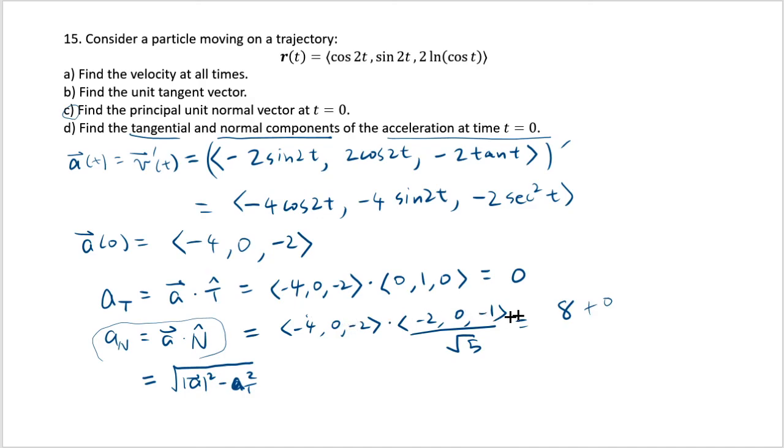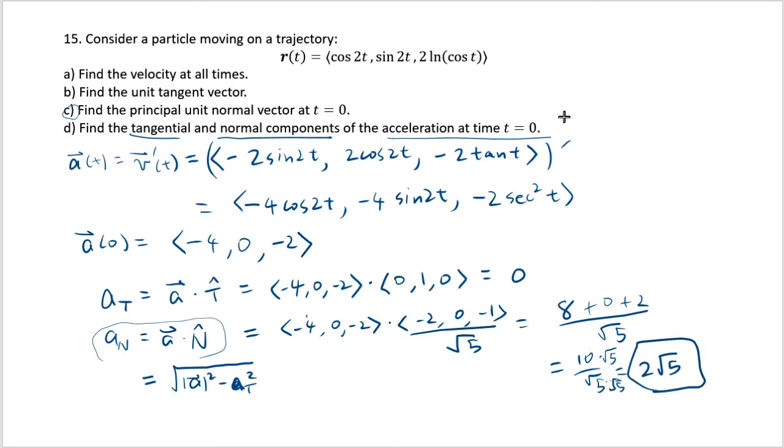Negative 2 times negative 1 is positive 2, divided by square root of 5. And that just gives you 10 over square root of 5, which is 2 radical 5, after you rationalize this by multiplying by radical 5 top and bottom. Okay, so that's the final answer.